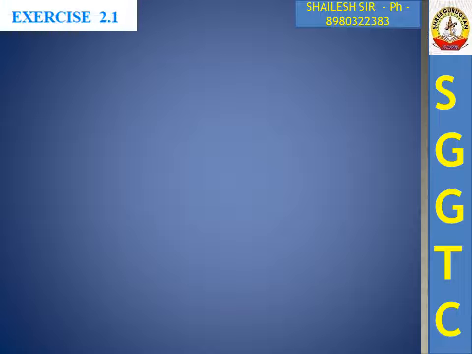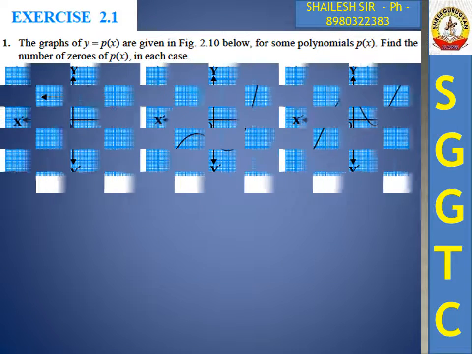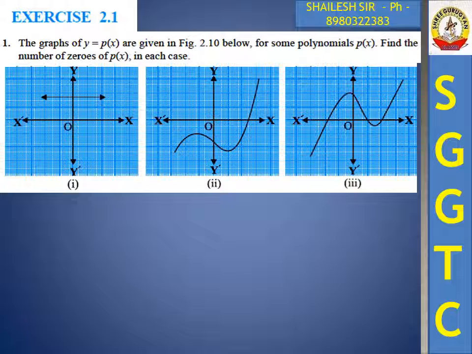Now continue. Exercise 2.1. Question 1: y equals p(x), any polynomial curve. Determine the number of zeros in each case. So look at that, there are three figures, students. In the first figure, the given line does not intersect the x-axis. So students, this indicates only y-axis points.